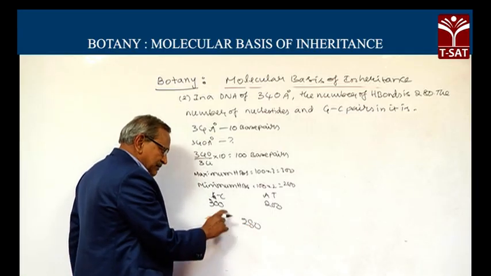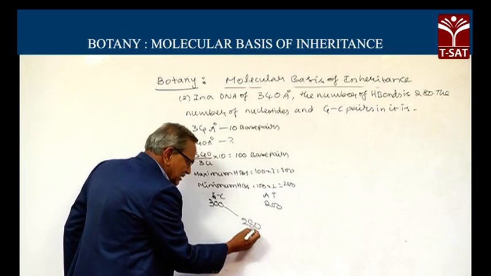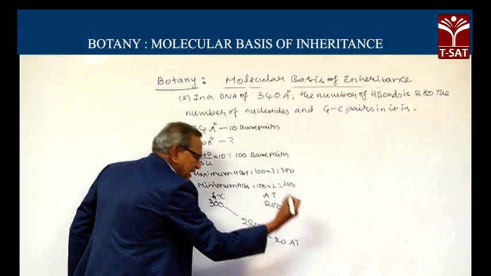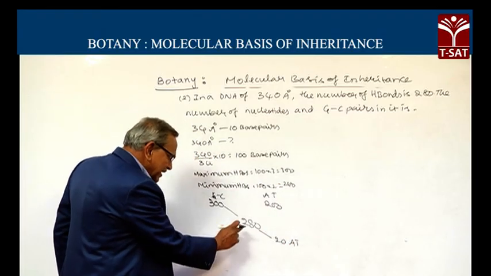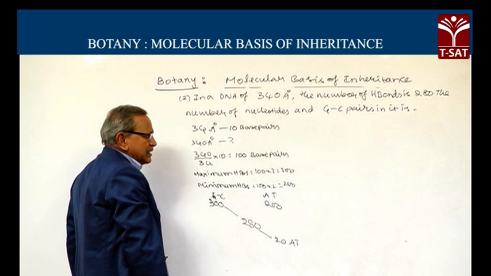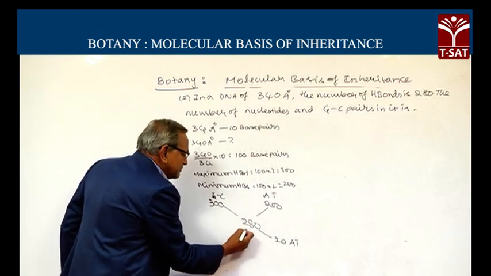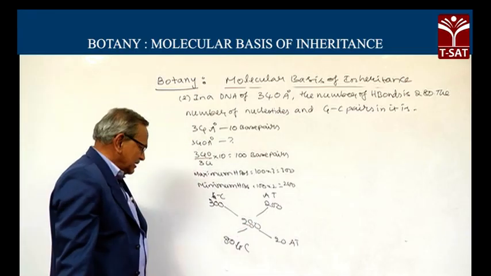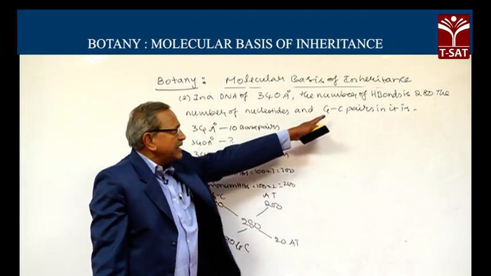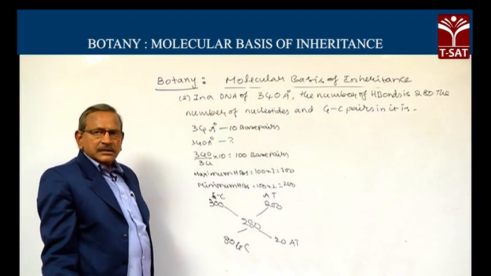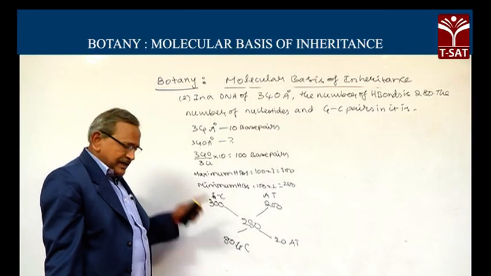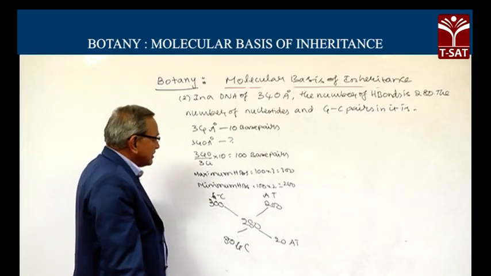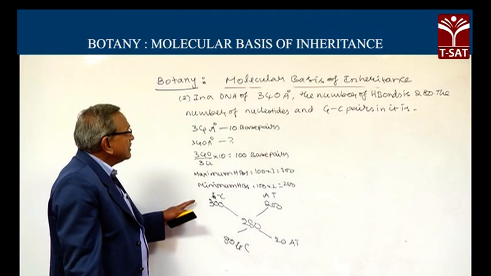So subtract always the smaller from the larger. So 300 minus 280, 20 AT pairs are here, and 280 minus 200 gives us 80 GC pairs. So we came to the second part of the answer: the number of GC pairs is 80 and the number of AT pairs is 20.